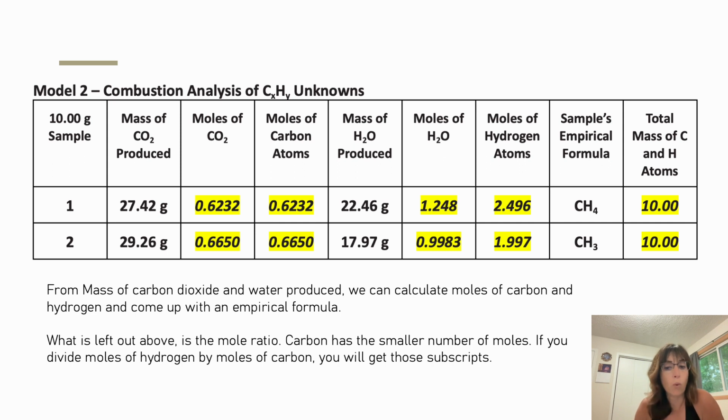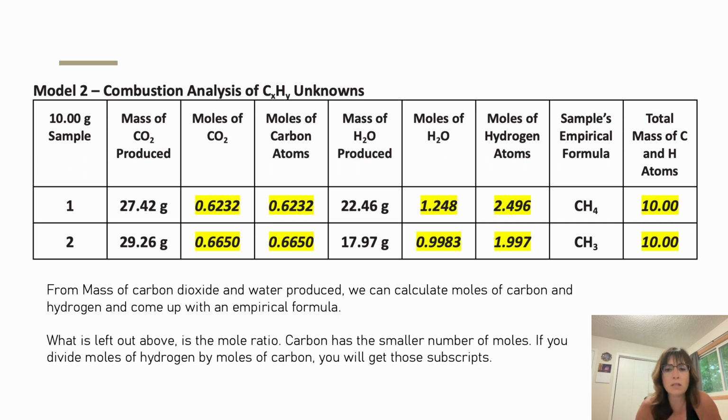So if you have 1 mole of CO2, don't you have 1 mole of carbon? So the moles of CO2 and the moles of carbon are the same. And then you do the same thing for water. Mass of water to the moles of water. This is a little trickier though. For every mole of water, there are 2 moles of hydrogen.